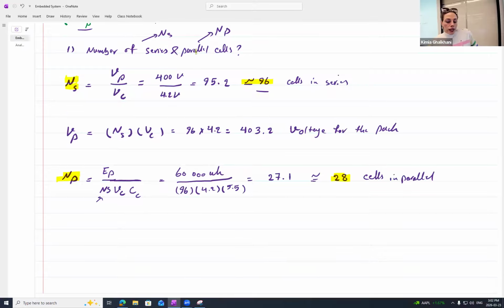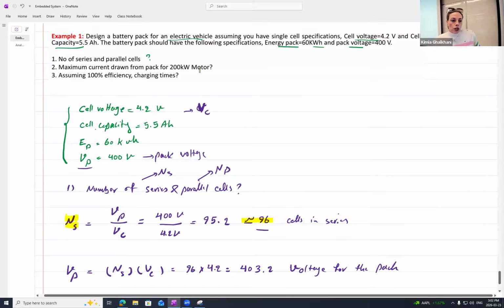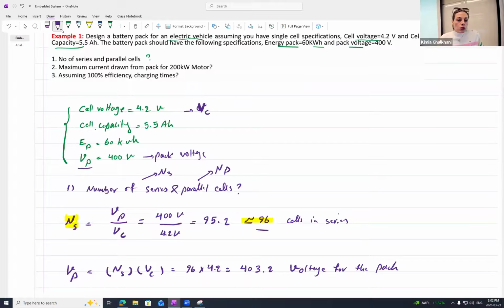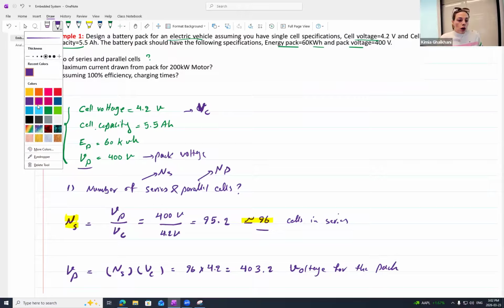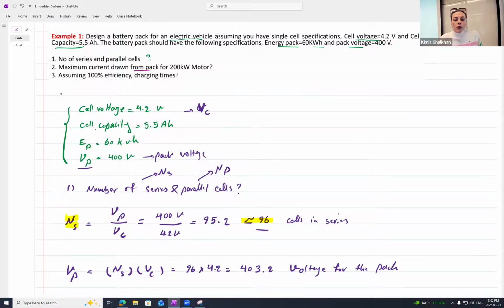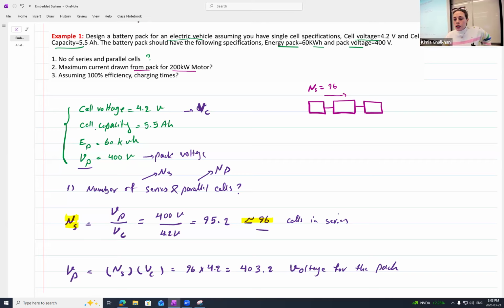So let's look at the second part of the question. Next, I'm asked to calculate the maximum current drawn from the pack for a 200 kilowatt motor. Before that, I'm gonna draw some visual of the pack design. I'm connecting my cells in series, and I just calculated my number of series to be 96.